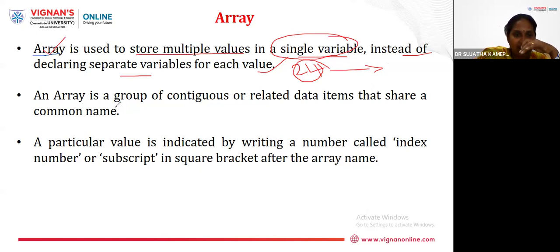Now, how to define an array? An array is a group of contiguous or related data items that share a common name.